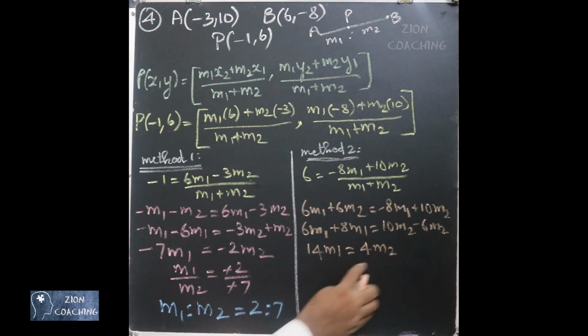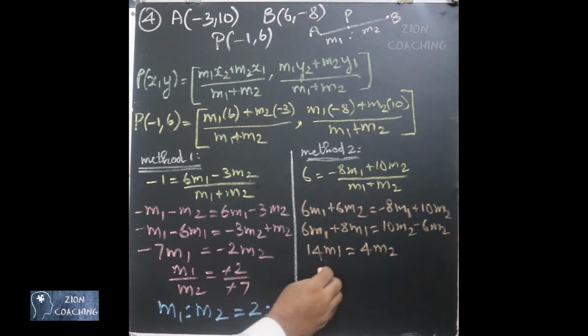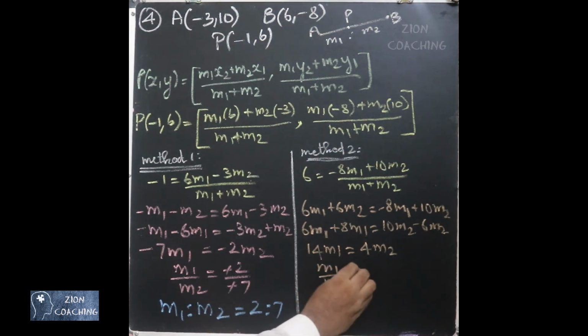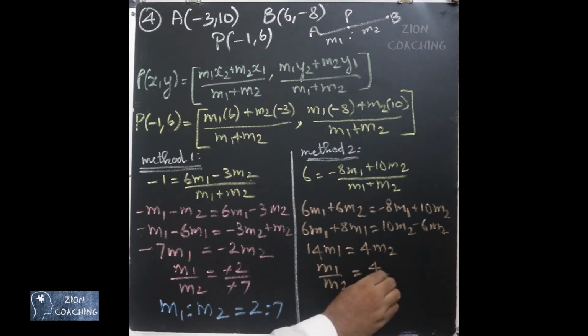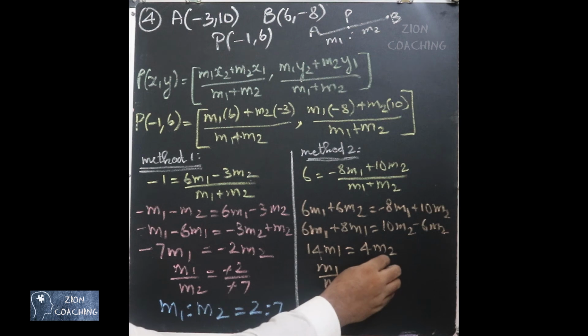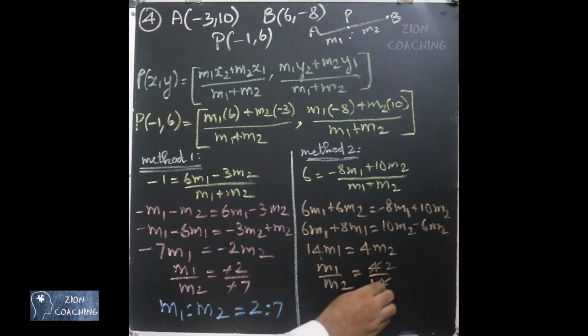Now bring m2 to this side and take 14 to the other side. Then you will have m1 by m2 equal to 4 divided by 14. When you take 14 to the other side, since it is 14 into m1, it will go to the denominator. Now you can cancel. 2 2s are 4, 7 2s are 14.